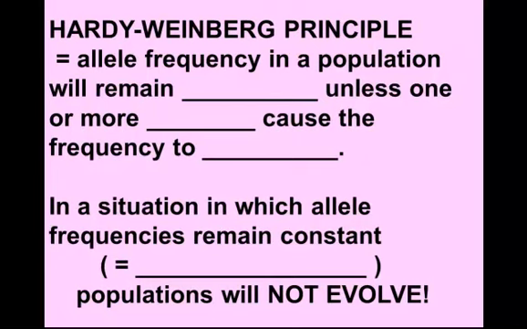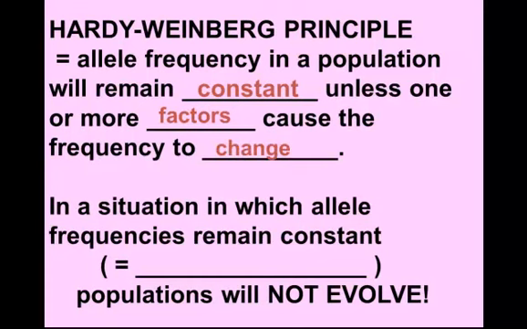Allele frequencies in a population are going to stay the same, remain constant, unless something happens to cause them to change, unless there are factors that cause the frequency of those alleles to change.